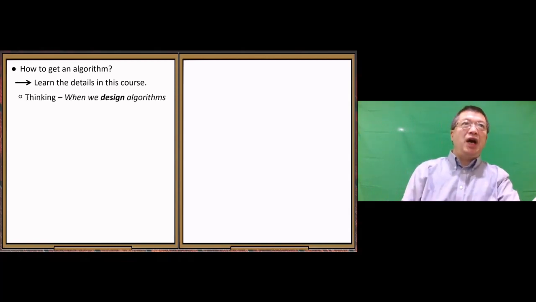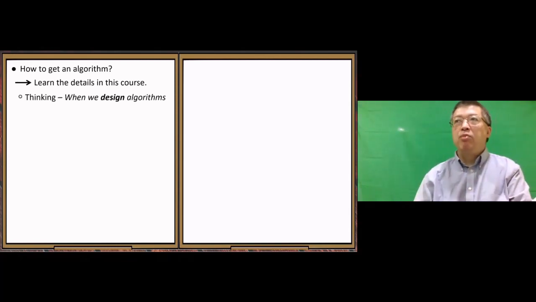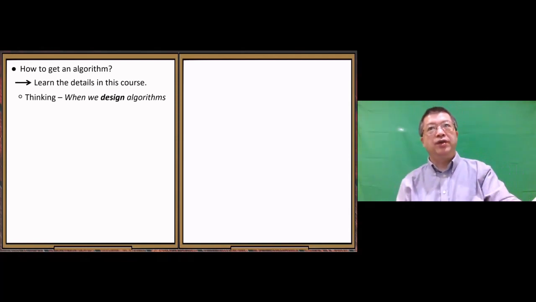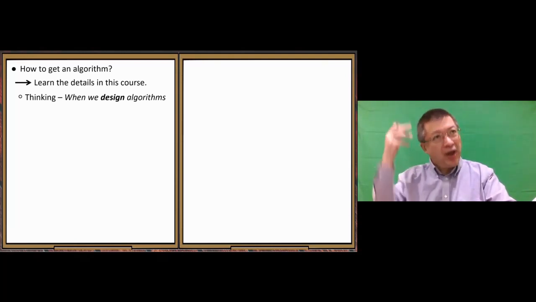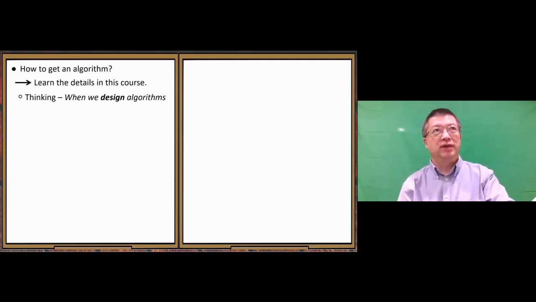I want to emphasize the most important thing to be successful in this course: thinking. Relying on our brain. But there are many rules, ways, and methods we need to learn on how to think. So when you design algorithms, you need to know how to think.